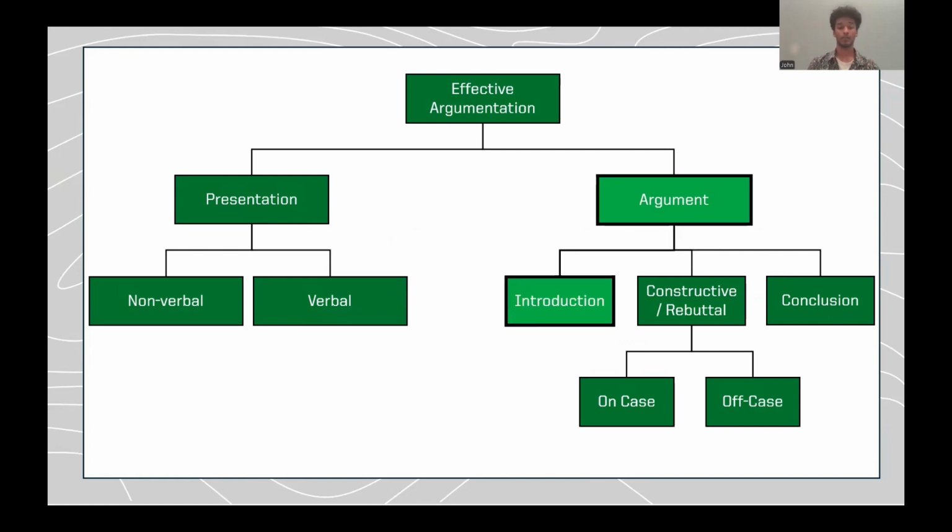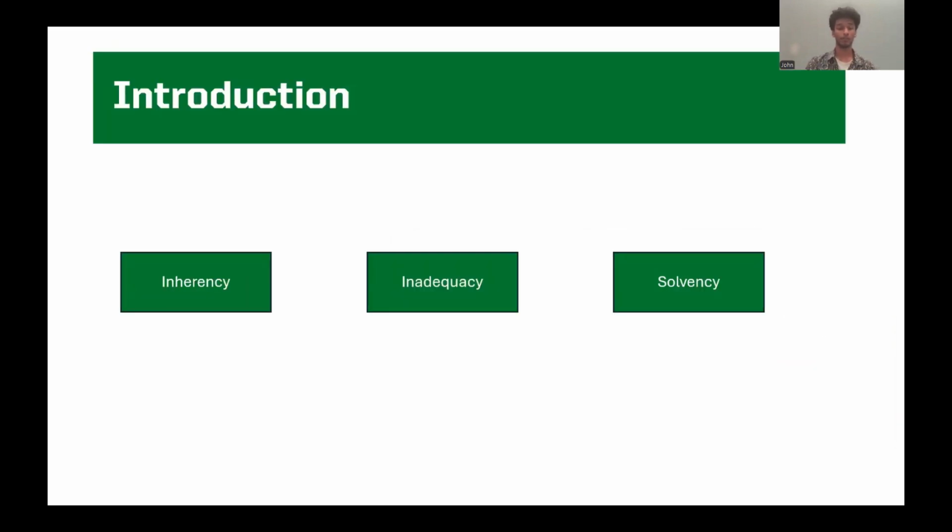Now moving on to the arguments. With the introduction, there are three main things you want to keep track of: the inherency, inadequacy, and solvency. Inherency is where you try and prove that this thing is an issue. Inadequacy is this issue is not being addressed currently, or it is not being addressed sufficiently enough.